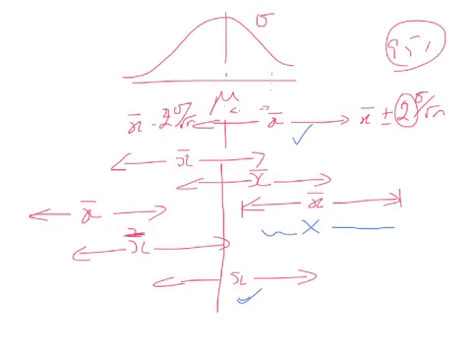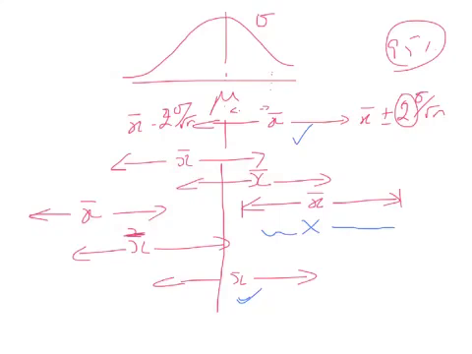Here's another way to think about it. What if I created 100 of these intervals based on 2 standard deviations? Now, 2 standard deviations is approximately 95%. We know it's not exact, but it's approximately 95%. So if I did 100 of these intervals, according to our rule, approximately 95% of these intervals, 95 out of the 100, should have the true population parameter, right?